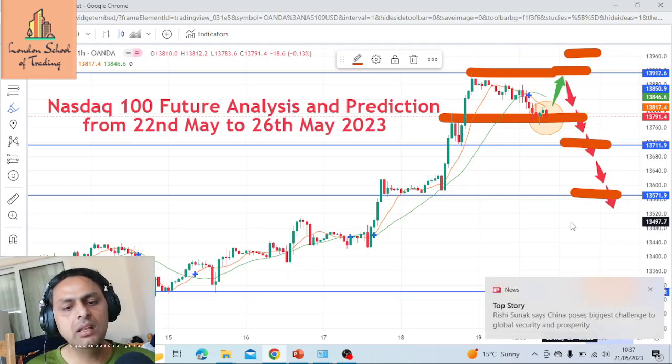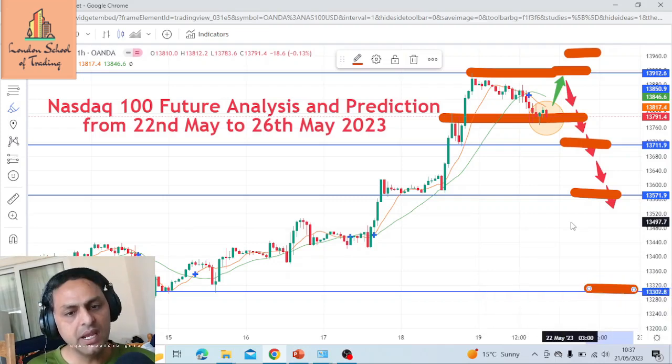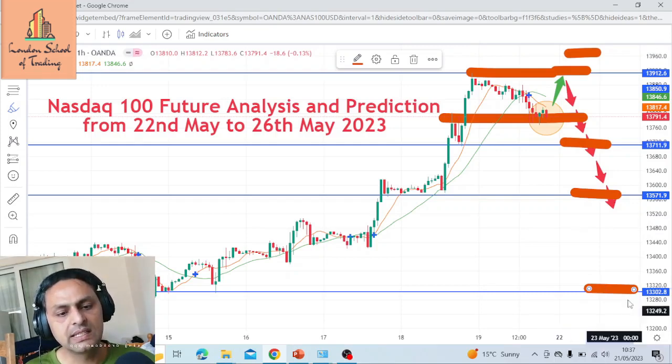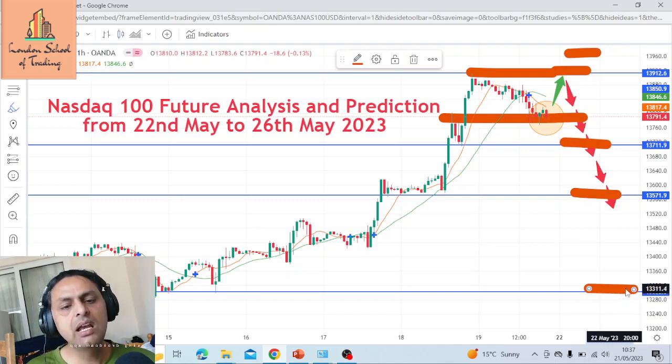But until it crosses that level 14,100, don't go for buying side, try to sell for long term, at least we can say 13,300, and based on the situation we will analyze whether it will break this level or not.